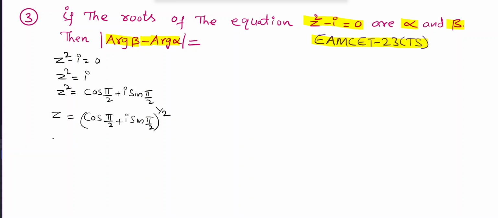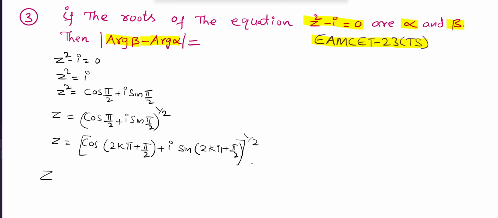Now here, the power is 1 by 2, so we take two values. We write cos of 2k pi plus pi by 2 plus i sin of 2k pi plus pi by 2, whole to the power of 1 by 2. Now applying De Moivre's theorem, k is equal to 0, 1, because the power is 1 by 2, so we take two values, 0 and 1.